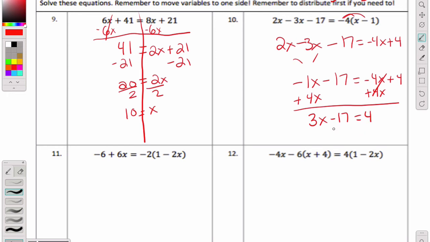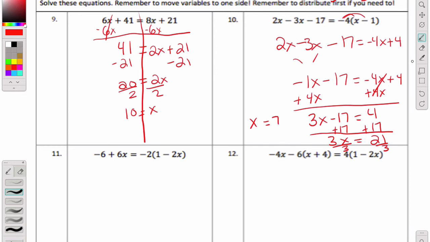And I'm going to add 17 to both sides. So then we end up with, I'm going to move my stuff over. So 3x equals 21, and we divide by 3, and x equals 7.